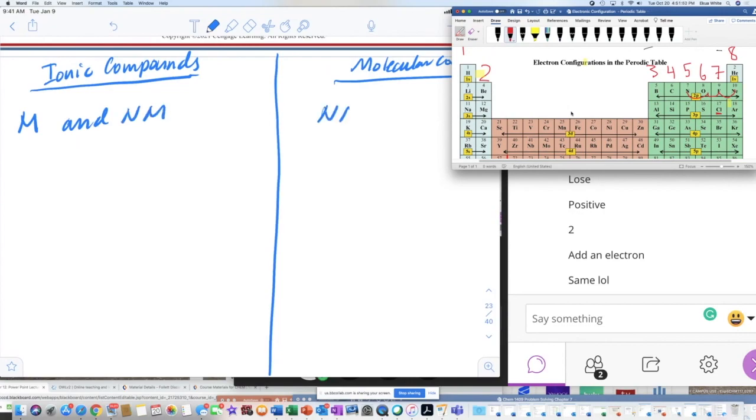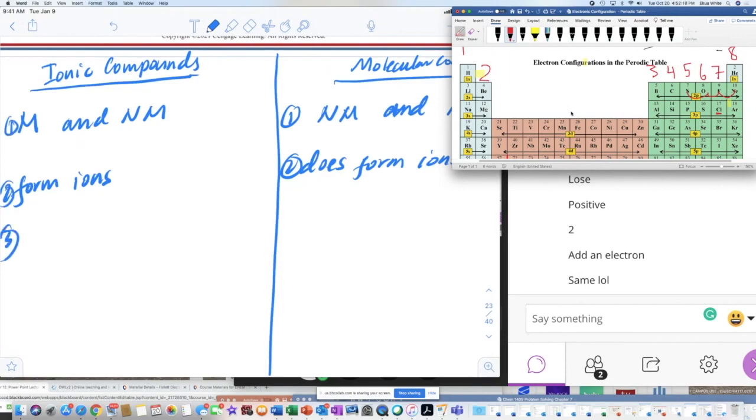Molecular compounds form from non-metal and non-metal. Here it forms ions. Here it doesn't form ions. So this is number 1 and number 2.